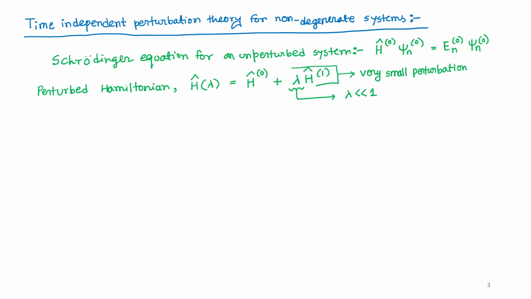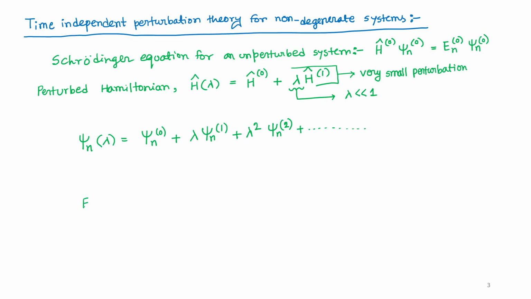So the modified wave function will look like psi n, again a function of lambda. Let us write it as psi n zeroth plus, now I'll write the correction terms, after the effect of perturbation, lambda psi n 1, plus lambda square psi n 2 and so on.